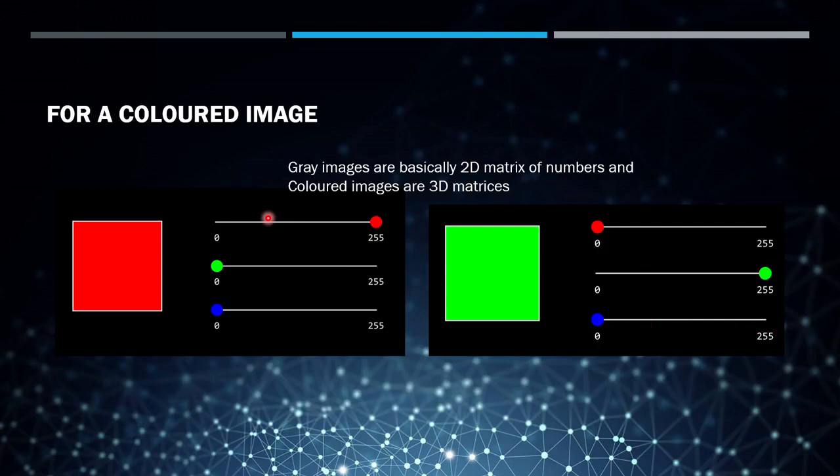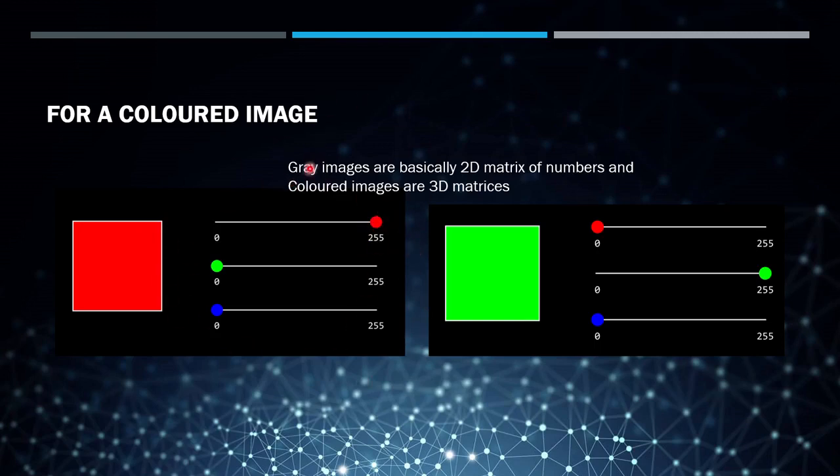By increasing all of these bars, we can get all sorts of colors. So a colored image is basically a 3D numpy array, always of the format m cross n cross 3, where 3 is the R, G and B channels, the red, green and blue channels. These are the 3 primary colors which make up all of the colors, as you would know.